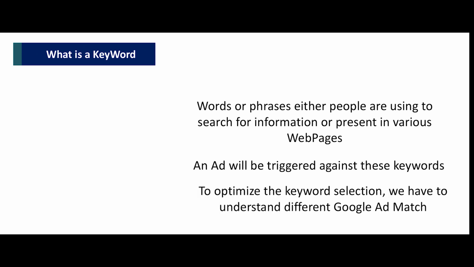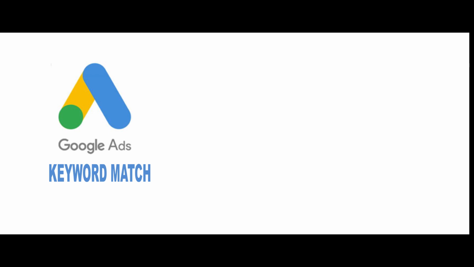To optimize the keyword selection, we have to understand the different Google Ads match types. Match means in which way Google should match the keywords typed in search engines and the keywords submitted by the advertisers. You will understand it better with the help of examples.